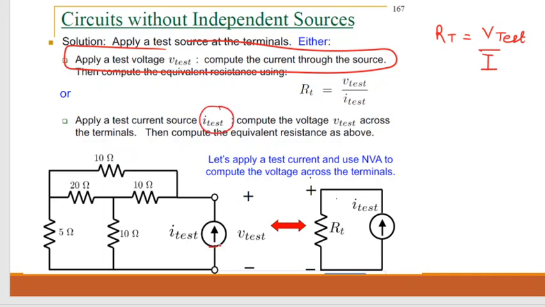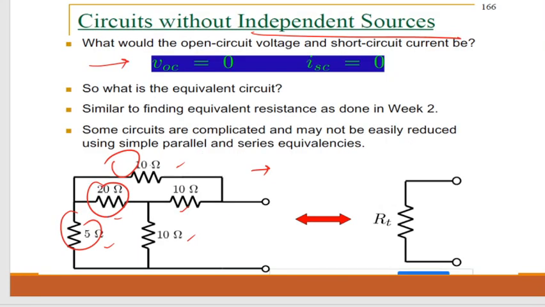Like here, I like this. I that is test. Got it?